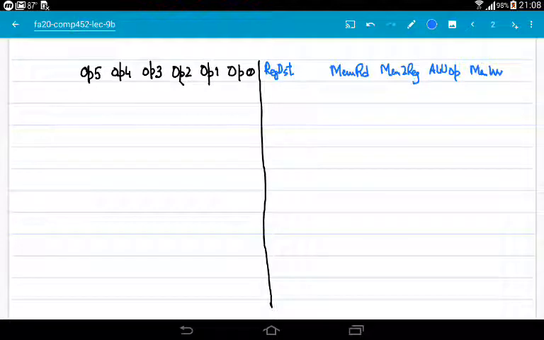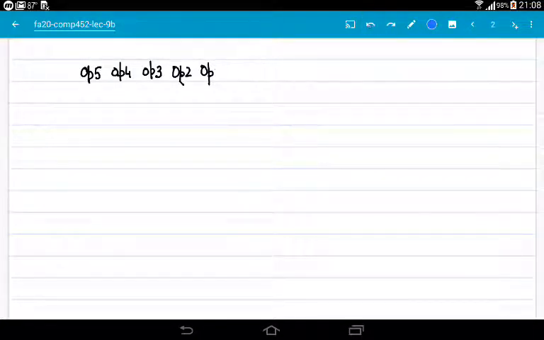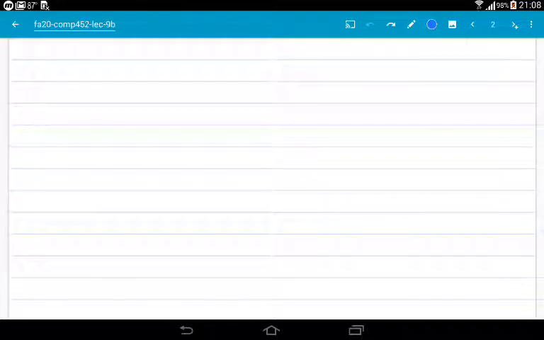Actually, I have used too much space here. I'm going to erase everything because it's not going to work like this. I need to be more conservative in using the space.